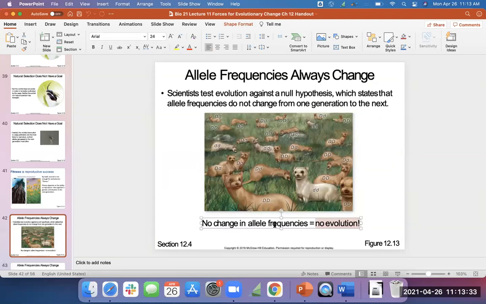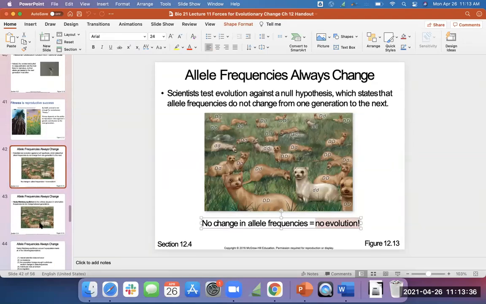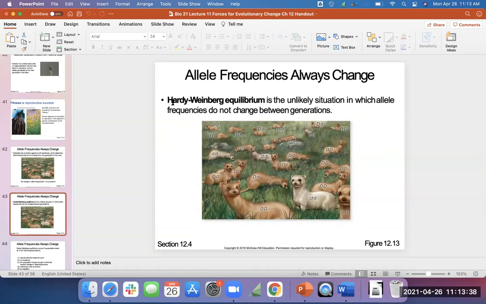No change means over generations. We call that Hardy-Weinberg. The definition would be when the allele frequencies do not change. They are at equilibrium. So when can you apply Hardy-Weinberg? You're going to say when the allele frequencies do not change between generations.